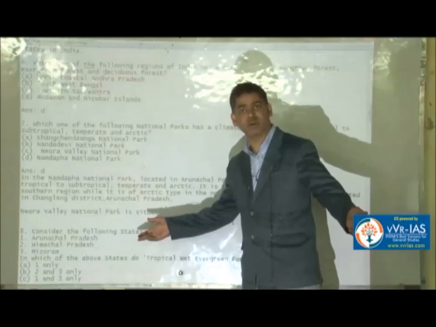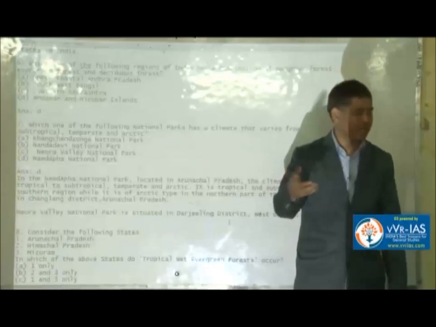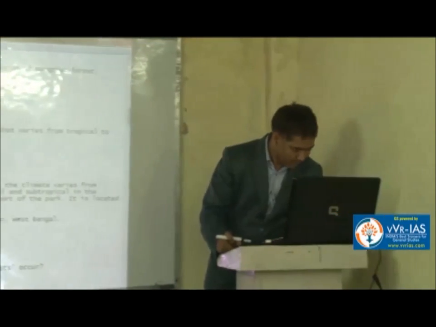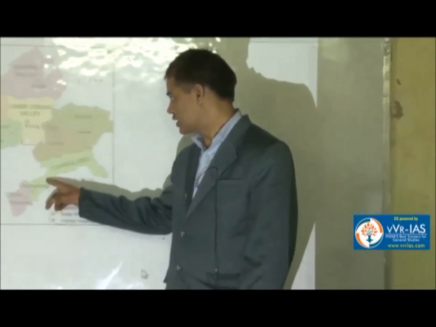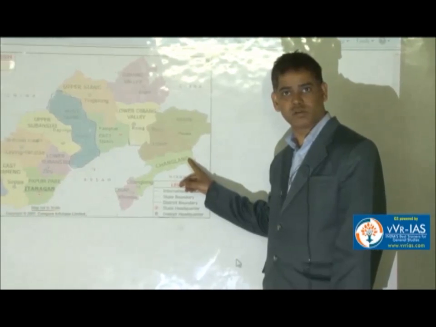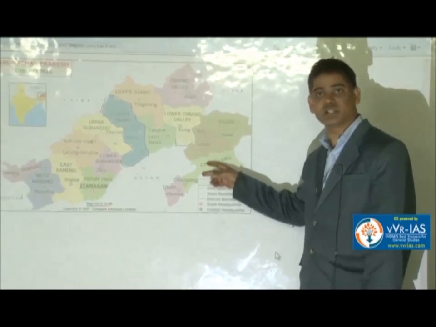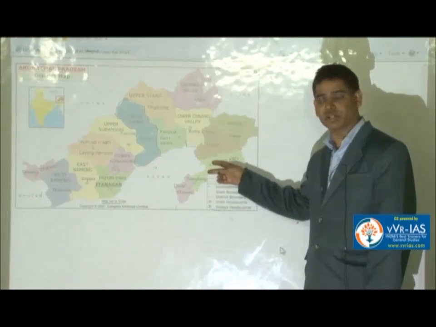Let me open the map of Arunachal Pradesh, you will get a better understanding. This is the map of Arunachal Pradesh. Here is Changlang district, and here is the national park, that is called Namdapha National Park.